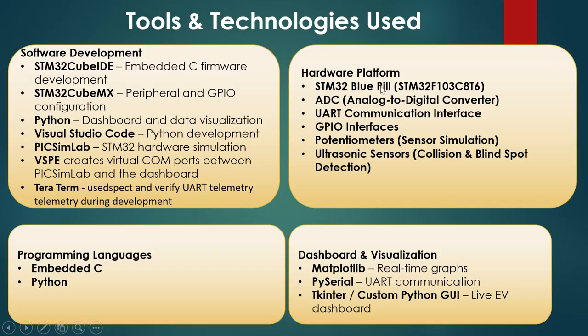The hardware is built in Proteus Lab. The Proteus Lab consists of the STM32 Blue Pill, also known as STM32F103C8T6. The microcontroller has some features, which are analog to digital converter, UART communication, and general purpose input output interfaces.